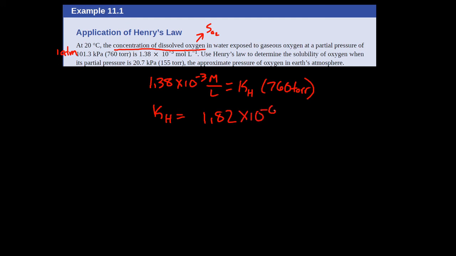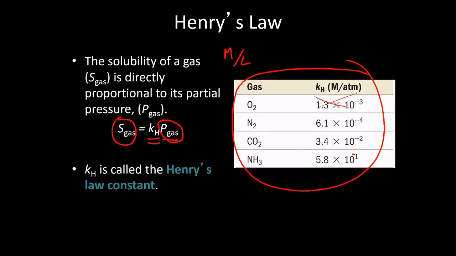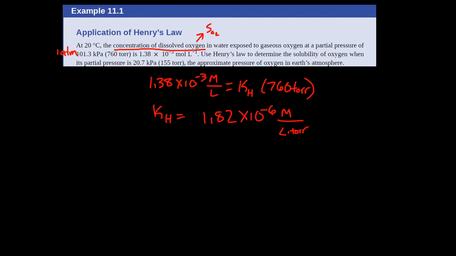Times 10 to the negative 6 molar per liter torr would be the units on that. Okay. And actually, I shouldn't have put the liter there. Sorry about that. It would just be molar per torr. Over here, that should have been moles, because moles per liter is molar. So if you prefer, you could have moles over liter torr. Either way is going to work and just be fine.